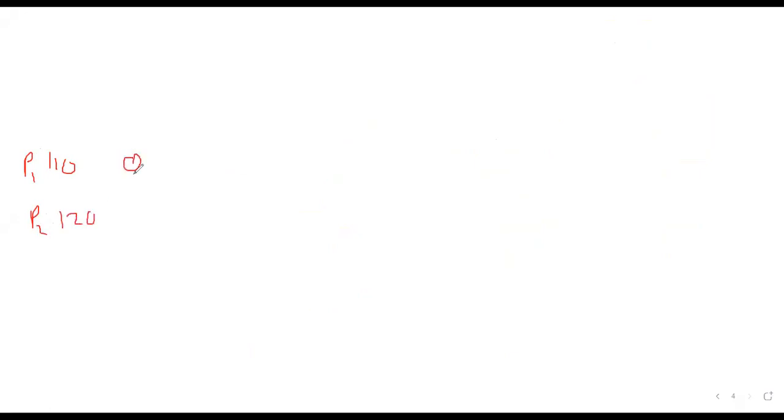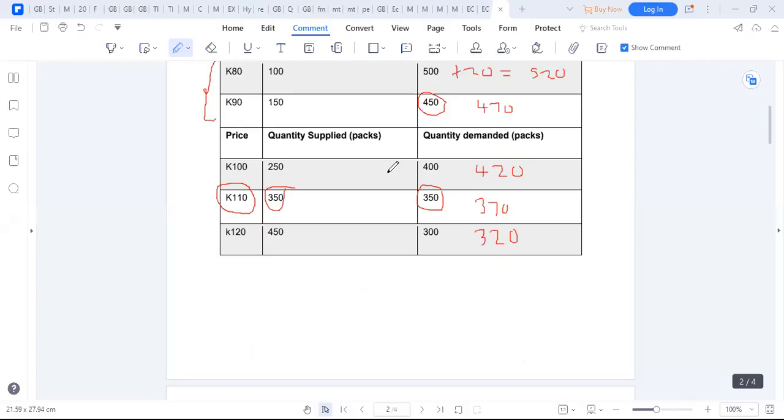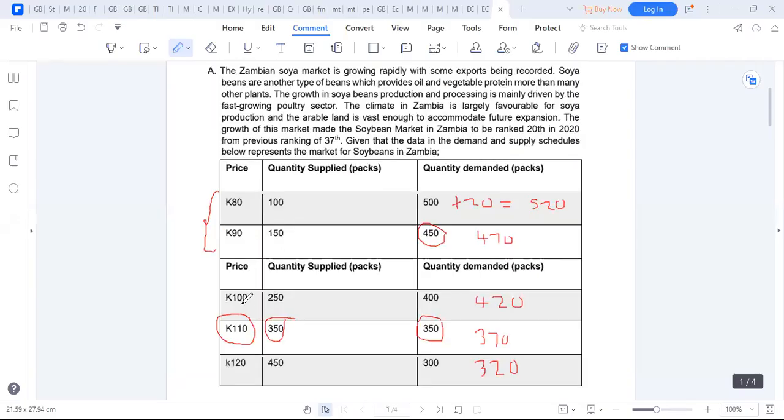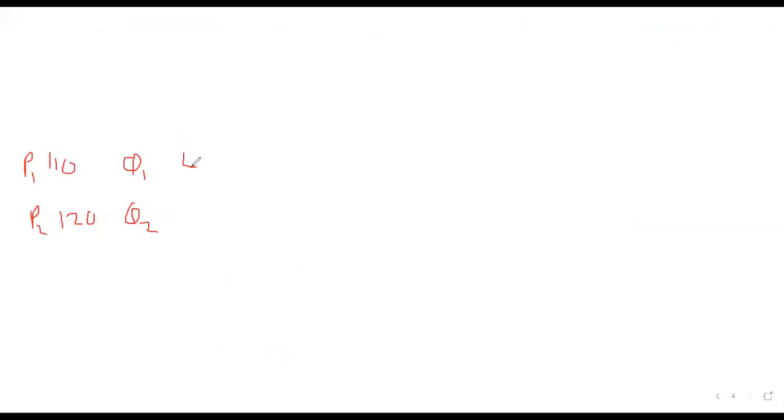What is our quantity 1 after the adjustments? At 100, 400 is no longer 400, it's now 420. So 100, 420, and 110, 370. So 420, 370.